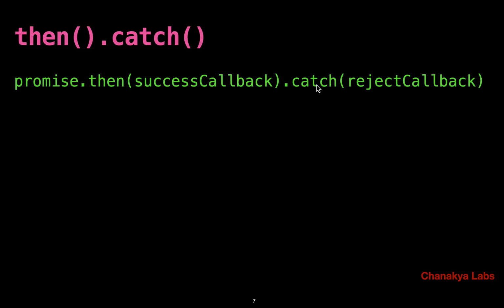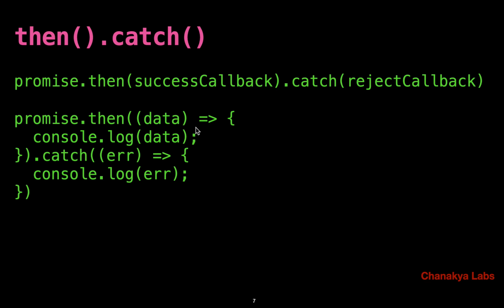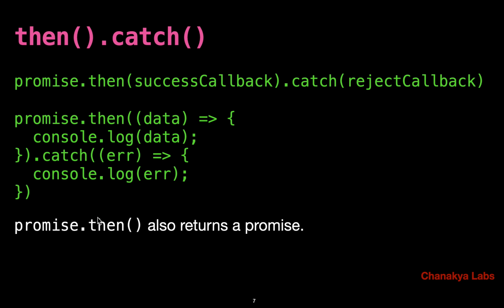But the entire point of this exercise is that if I use dot then and dot catch both, then whatever the outcome, whether it is successful or failure, both cases we have handled. Okay, so promise dot then and then dot catch, this is the way in which we can chain it, right? So rather than creating separate variables, you can directly write it here also.